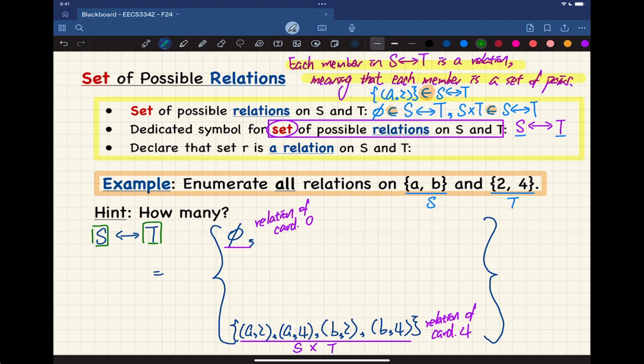When you say S cross product T, number one, you should understand that this is simply a set of pairs, which is something like this. It's a set of pairs. By definition, if you've got a set of pairs, it's a relation, a single relation. So this guy here is a single relation.